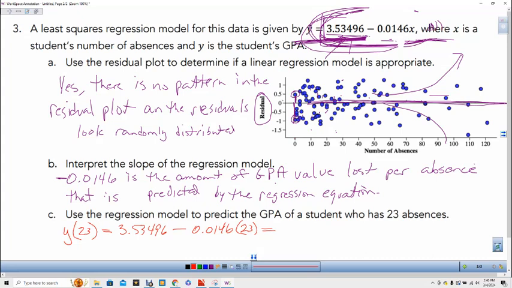And then, of course, we would punch that in our calculator. And we end up with a GPA of 3.19916.